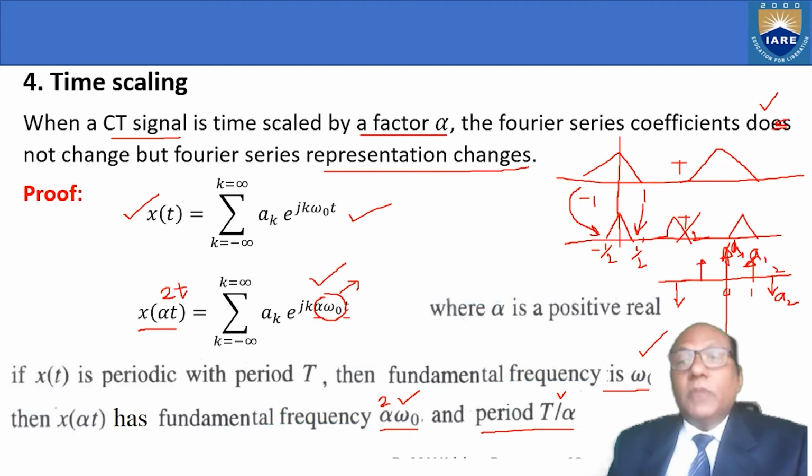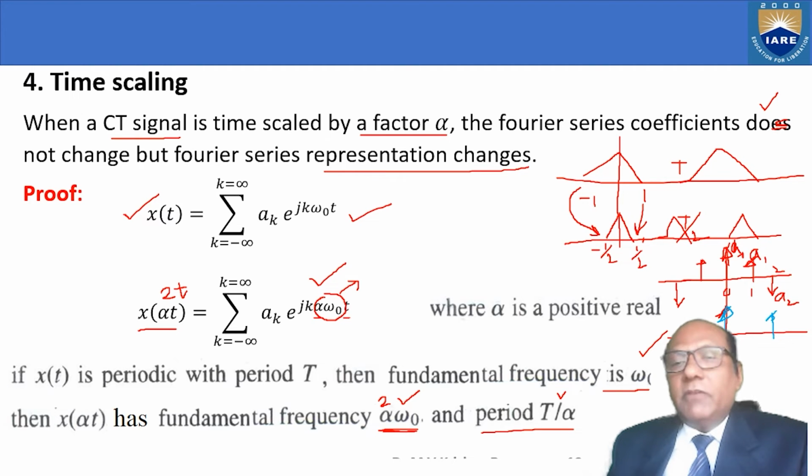Now after scaling, the fundamental frequency is becoming twice. So what will happen here? This a0 will remain the same. I will draw with a different color. So this a0 will remain as it is, and at 2 omega naught, that means now a1 will occur here.